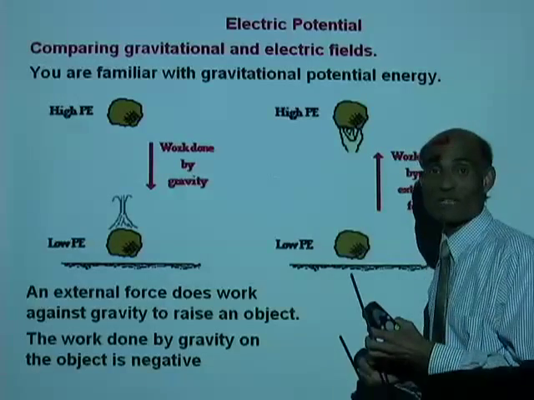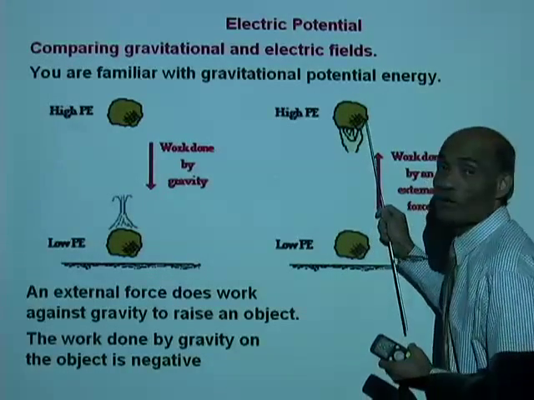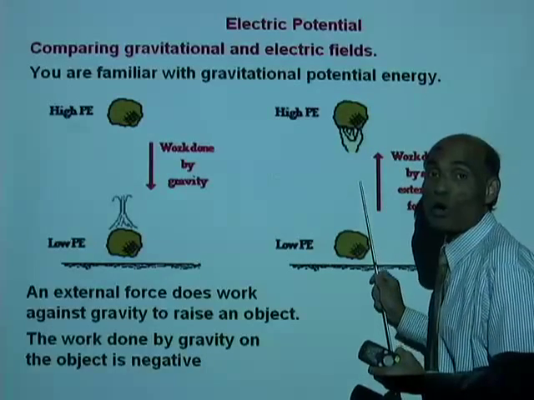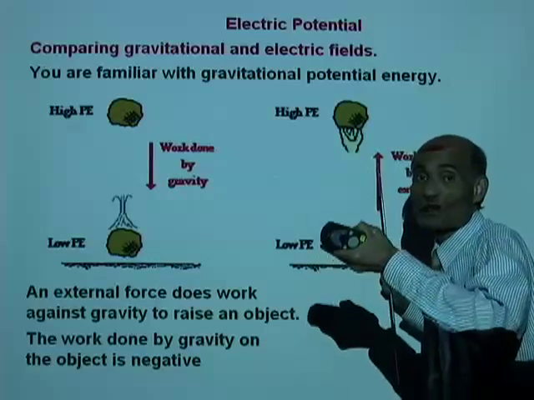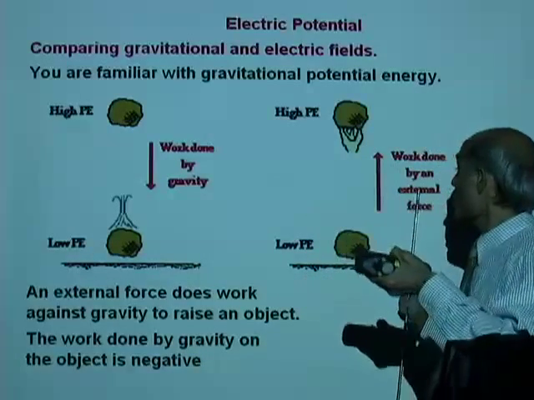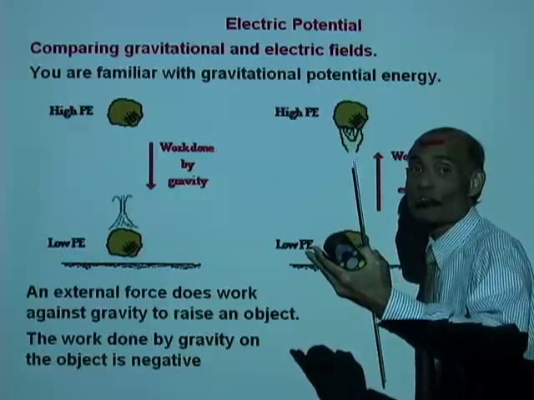I hope you understand that concept, because the object is moved up. The applied force is also upward. The direction of the force and the direction of displacement are the same for the external force. That means that work is positive.